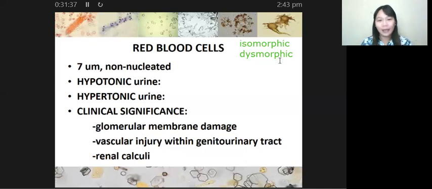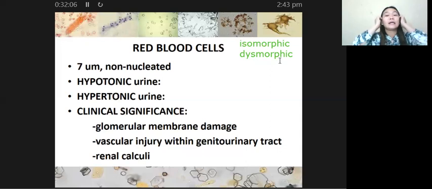Okay, so again, apart from the origin, we also make use of terms in order to characterize RBCs that are found in several tonicities or several osmolarities of your urine sample. Say for example, ang urine sample mo ay hypotonic.